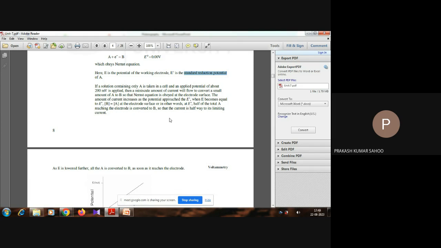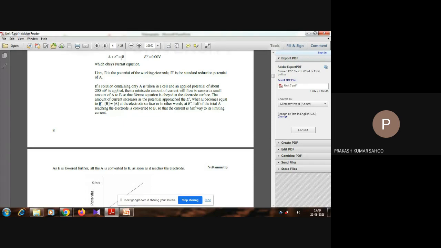So when the net cell potential equals the standard cell potential, at this condition, we can say the cell is in equilibrium. What is equilibrium?